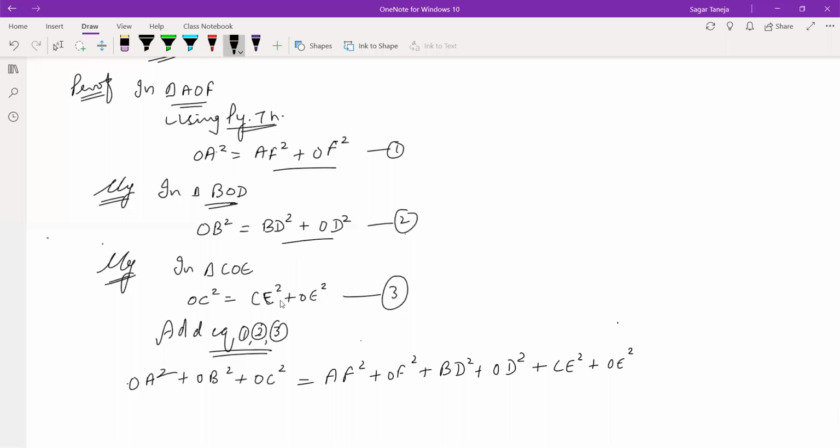So I've written all the RHS on the right side and the LHS on the left side.